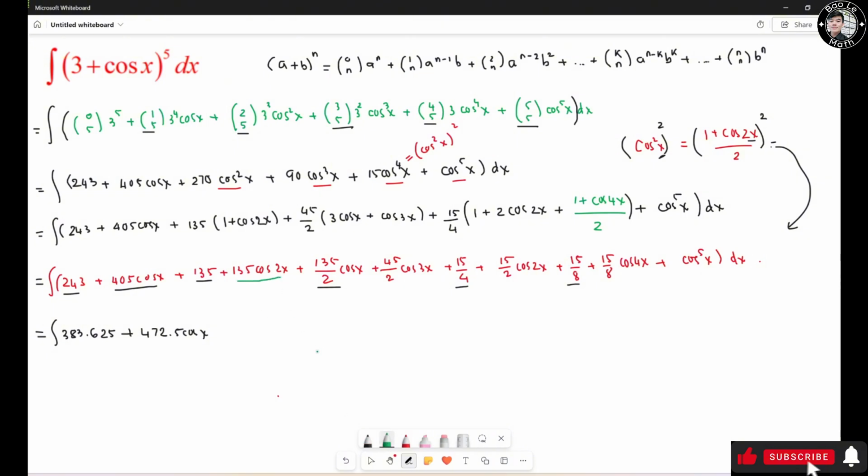Now next one, 135 cosine 2x and 15 over 2 cosine 2x. Right, so it turns out to be 142.5 cosine 2x.